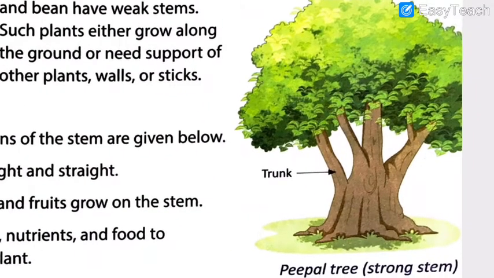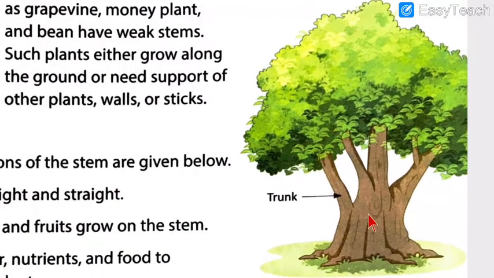But unlike that, this tree is standing straight without the support of any wall, without the support of any stick. This tree is standing upright and straight. Why? Because this tree has a very thick and strong stem which is called trunk.